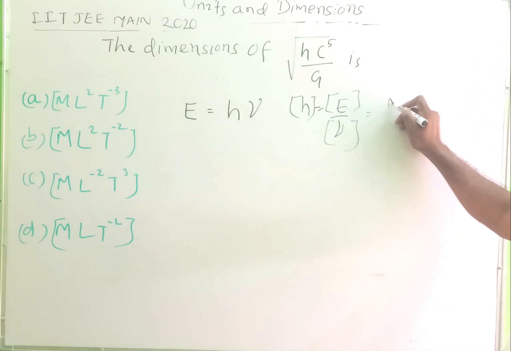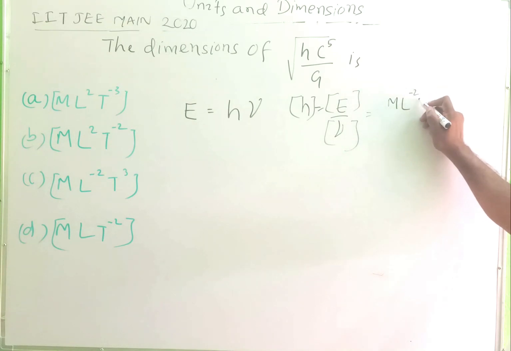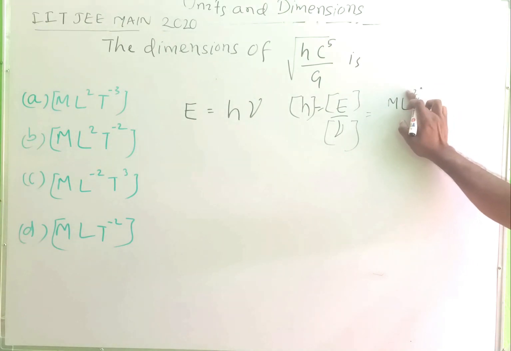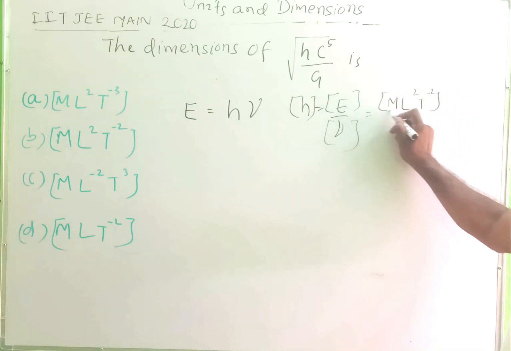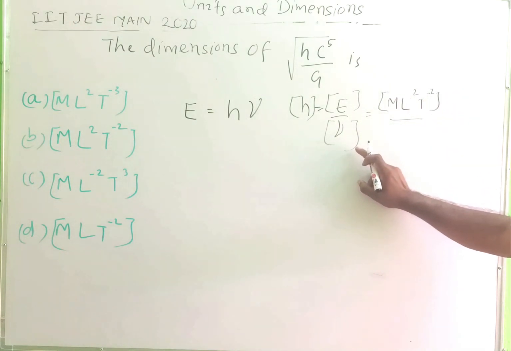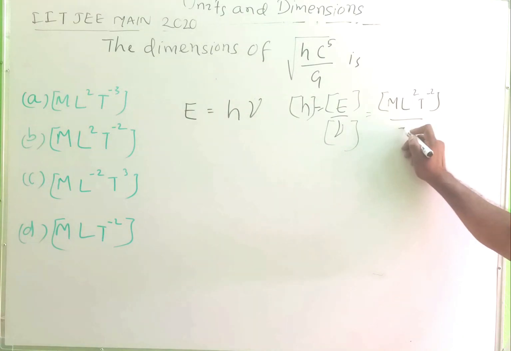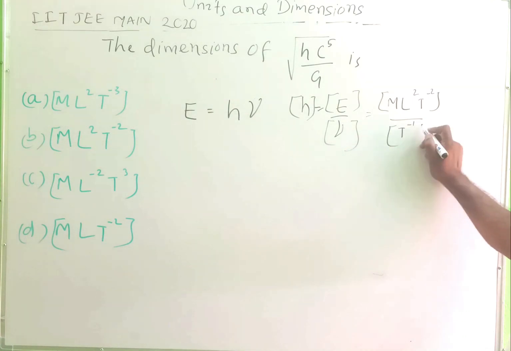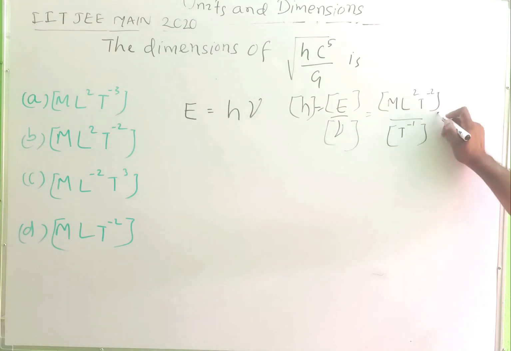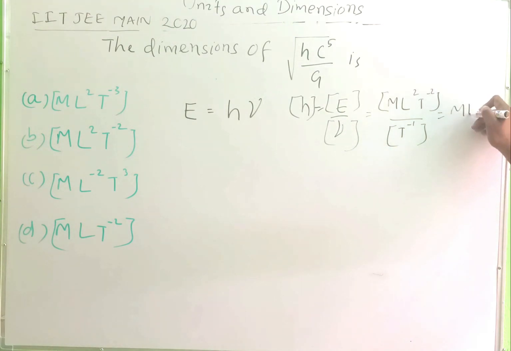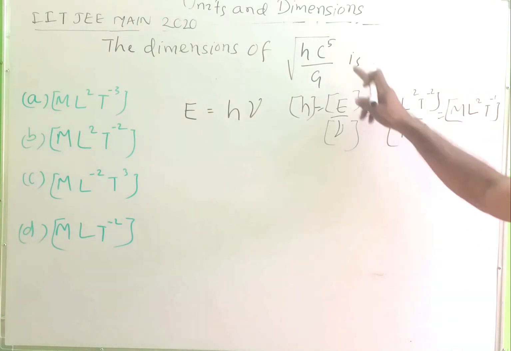What is the dimensions of energy, students? Every form of energy has dimensions ML^2 T^-2, and that of frequency is number of oscillations per second. So that is 1 by T, where T is time period, and that's why it is written T^-1. Its dimensions become ML^2 T^-1, which is the same as that of angular momentum.